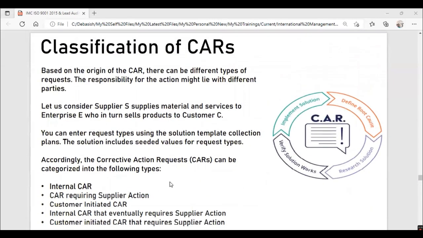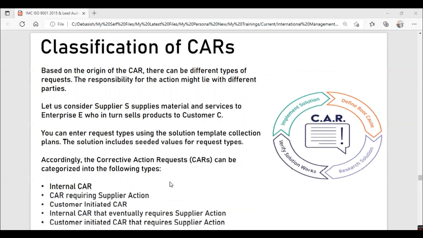Based on the origin of the CAR, there can be different types of requests. The responsibility for the action might lie with different parties. Let us consider supplier S supplies materials and services to enterprise E, who in turn sells products to customer C. You can enter request types using the solution template collection plans.